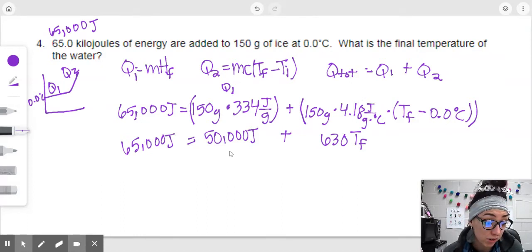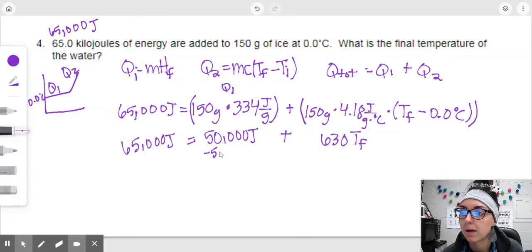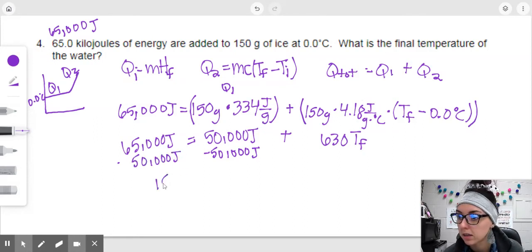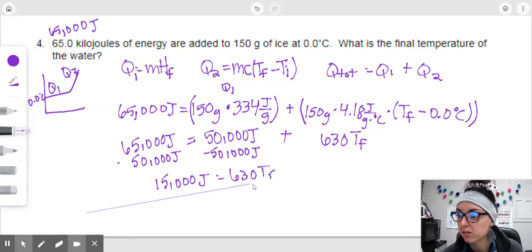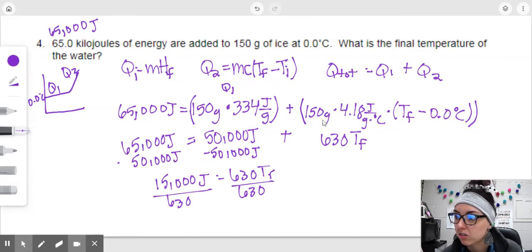And again, from here, all we're doing is some algebra, right? So I'm going to subtract out my 50,000 from both sides. And that gives me 15,000 joules equals 630 times TF. Those are being multiplied. So I'm going to divide both sides by 630. By the way, I didn't show these units canceling.